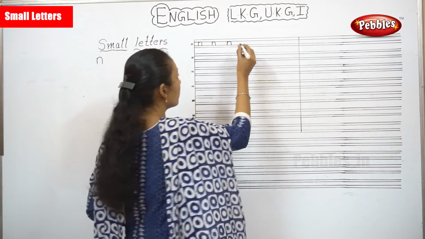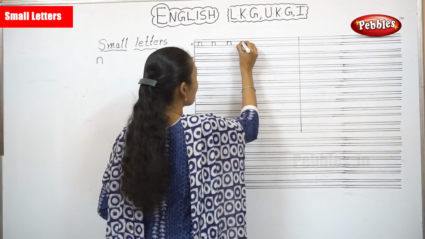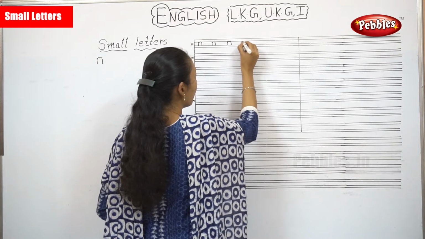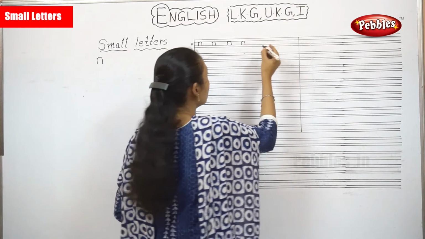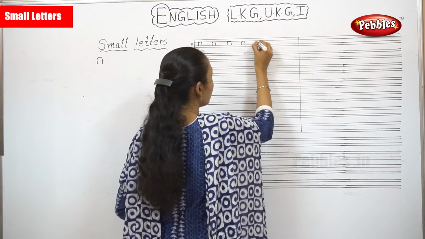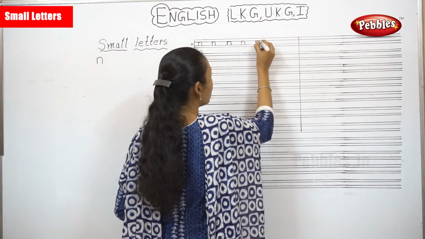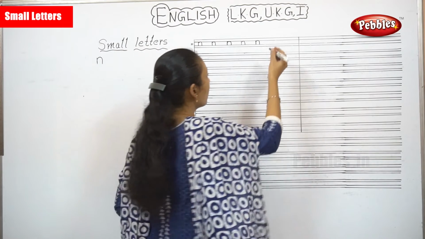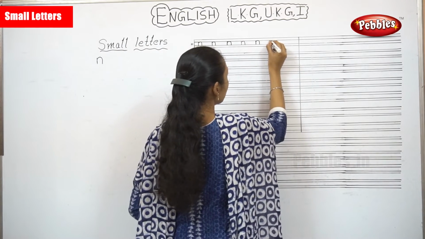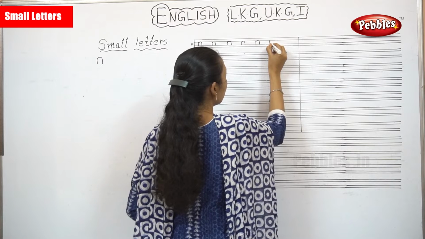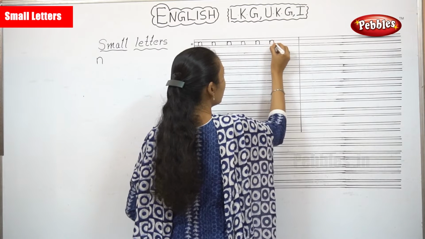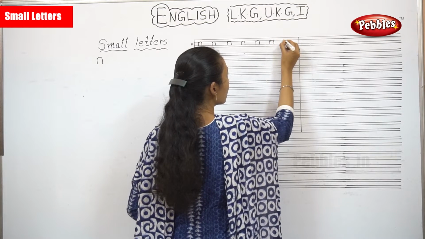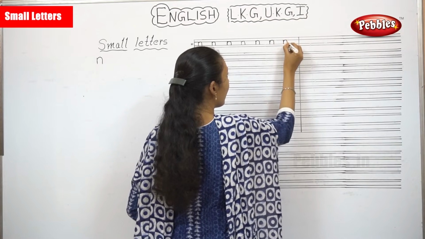As you draw the straight line, you will go up and come down, a small letter N. Once more, a straight line, go up again and come down. It is a small letter N.